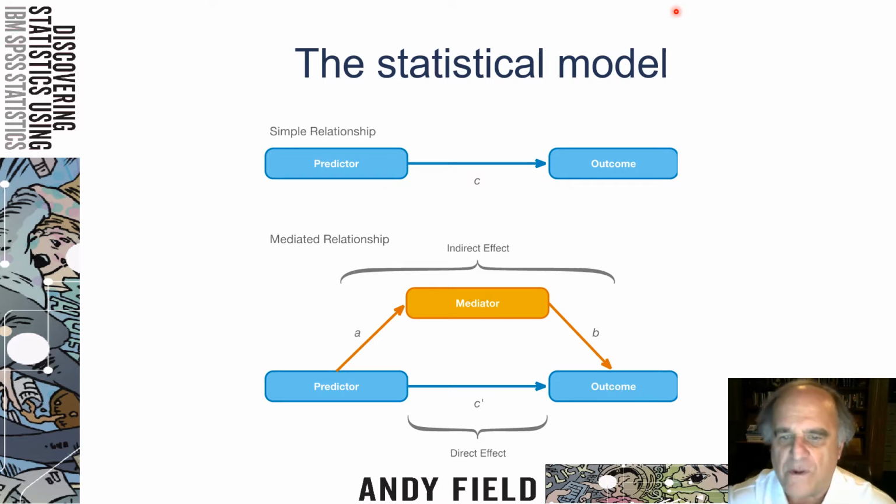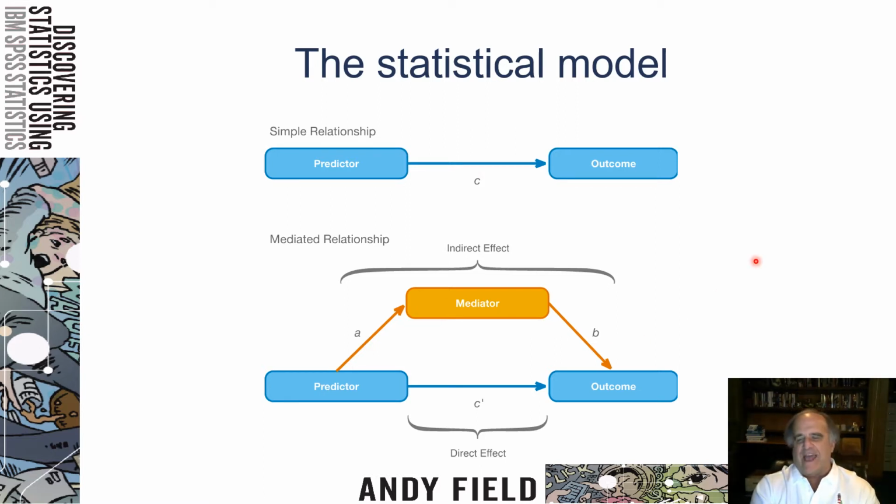And so we're going to see to what extent the mediator explains the relationship between the predictor and the outcome. Of course, the most interesting thing would be, right, if we had full mediation. That would be really interesting. If there's no direct effect, if the whole effect is indirect, that is, the only effect of the predictor on the outcome is through this mediator, through the a path and the b path, that would really be interesting.